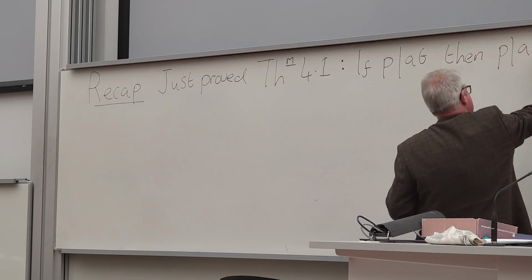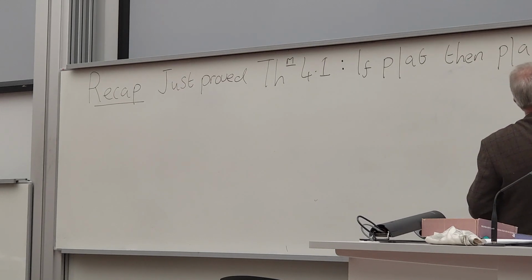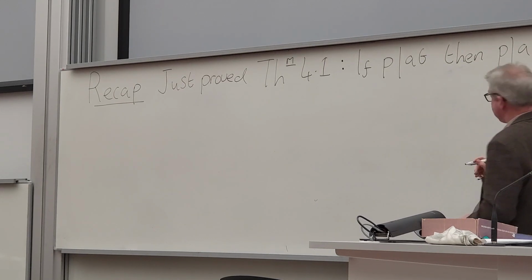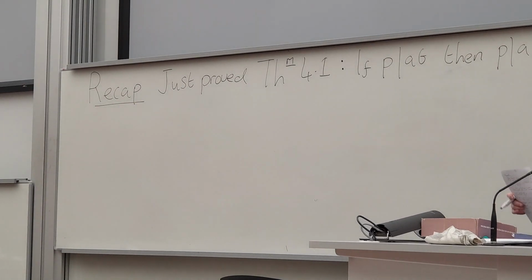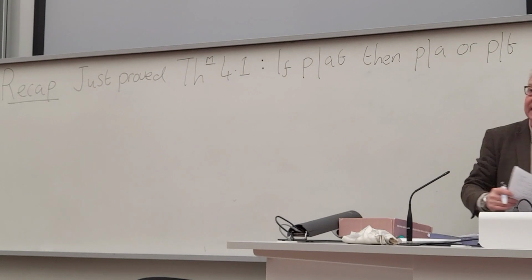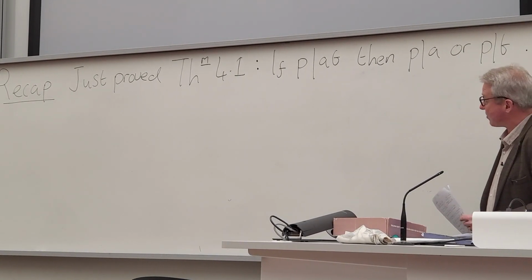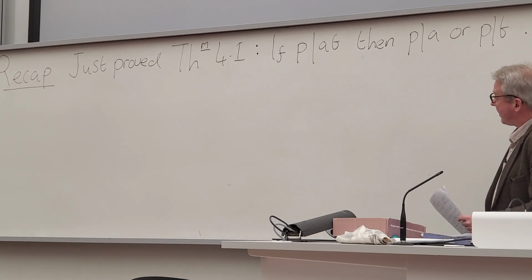So this says that if P divides AB, then P divides A, or P divides B. It might be that P divides both of them. But it's not an AND statement. And we'll use this later on as a strong definition of a prime number.